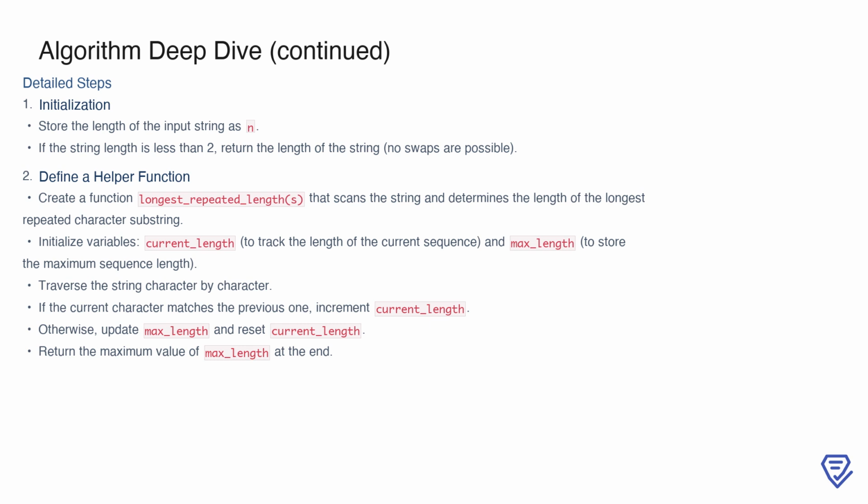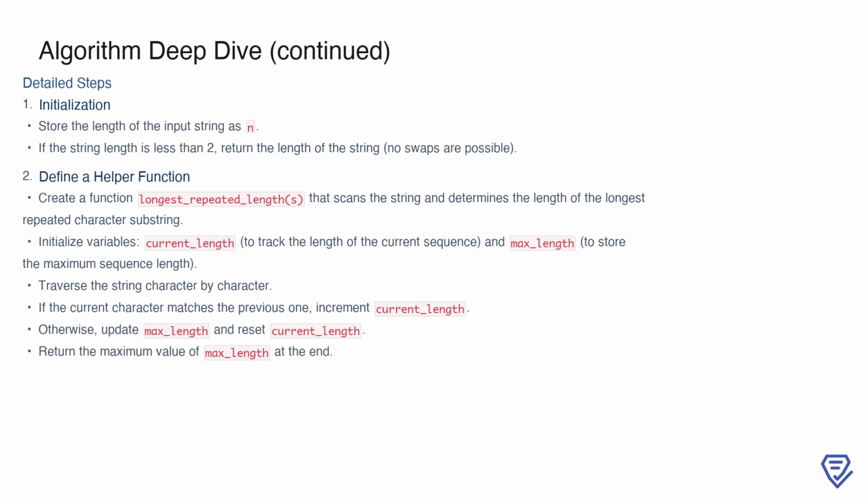Next, we need a helper function to calculate the length of the longest repeated character substring in a given string. This function, which we'll call longest_repeated_length, works by scanning the string character by character. Along the way, we track the length of the current repeated sequence using a variable like current_length, and we maintain a max_length to store the longest sequence we've encountered so far.